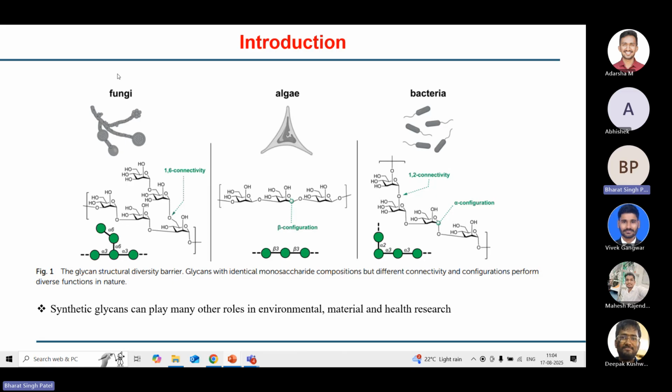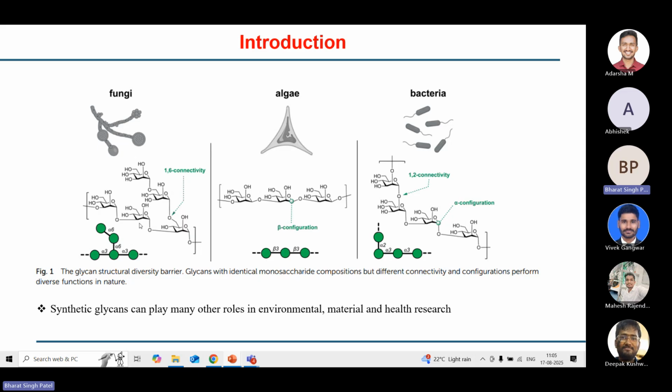But in fungi, the connection is alpha 1,6 or alpha 1,3 in a linear and branched way. In algae, all the mannose units are connected by beta linkage with a C3 hydroxy group. In bacteria, the connection is alpha 1,2 and 1,3.